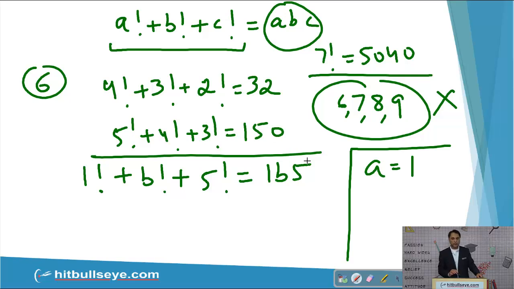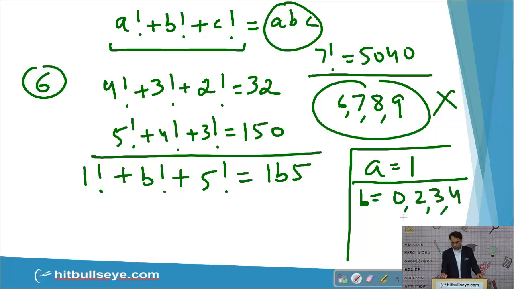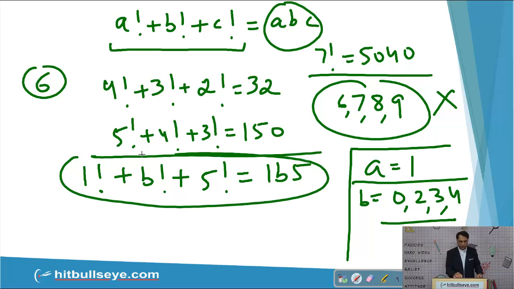And the possible values which B can take: 0, 2, 3 and 4. Why? Because A, B, C are all distinct. So 1 and 5 are eliminated. 6 and above are also eliminated. We are left with these 4 values for this particular equation.